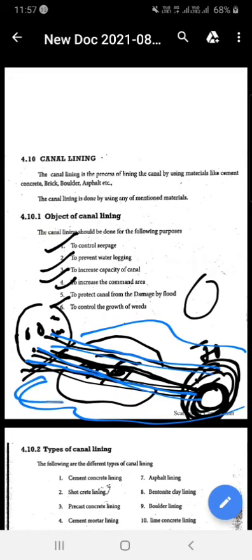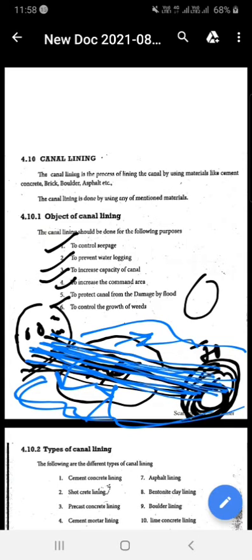If our canal is lined, it will protect the water conveyed through the canal, and it will not mix up with the flood water. So the flood, which can cause damage, will not be able to damage the canal because of the lining. We are protecting it with materials like cement, concrete, brick, boulder, asphalt, etc.